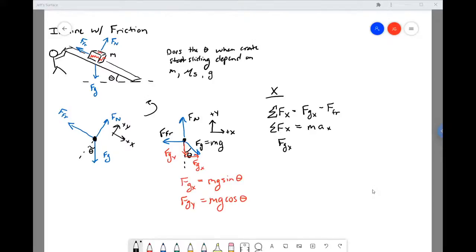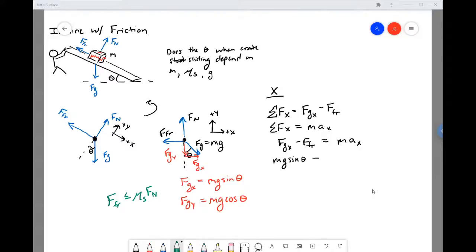Okay, so we can put those two things together. Here I'm going to be a little bit more explicit than I normally would. The net force, the sum of those two forces, equals mass times acceleration in that dimension. The x component of gravity is mg sine theta. And the force of friction, this is static friction because we want to know when it starts sliding, is less than or equal to the coefficient of static friction times the normal force.